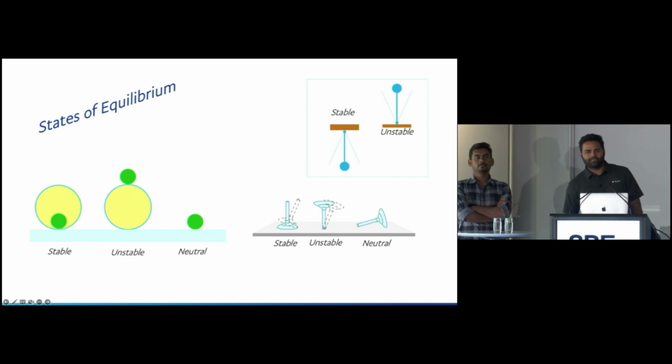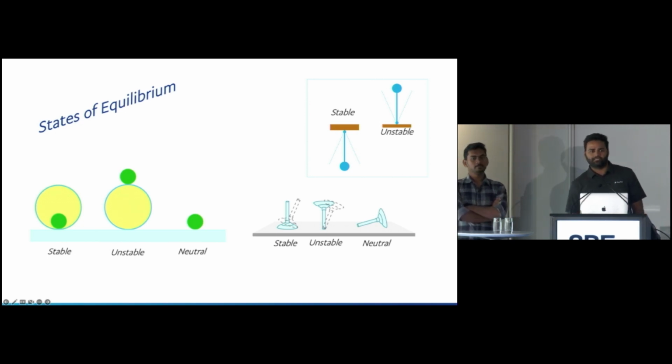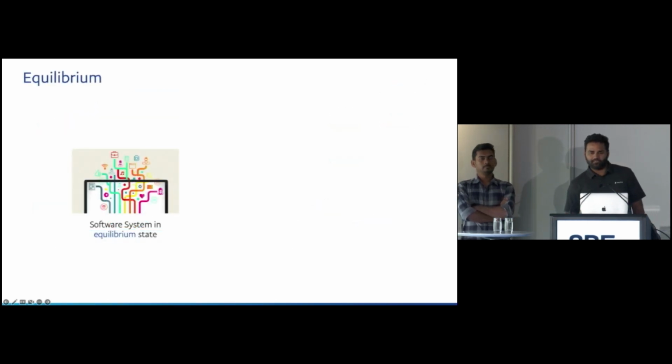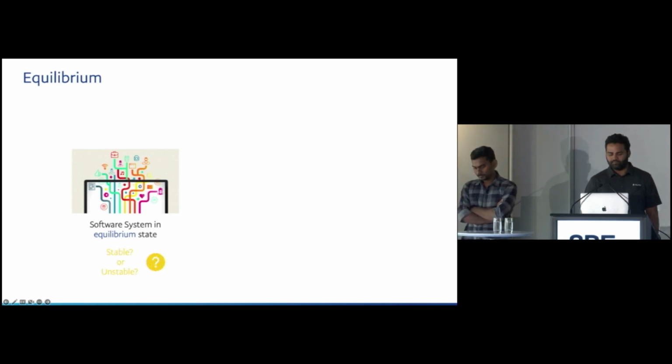In a similar way, if it is in unstable equilibrium, it cannot come back. Like this, if we extend any system that we take, it can be in any of the states of equilibrium. Similarly, even our software systems will be in one of the states of equilibrium, stable or unstable.